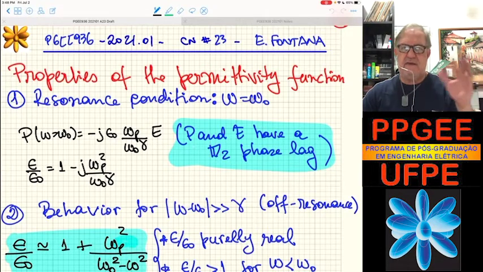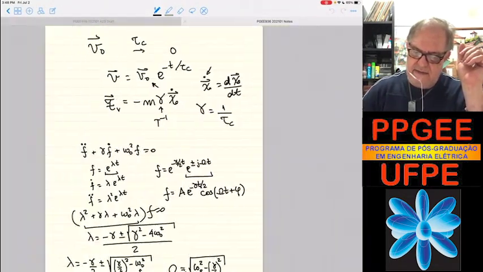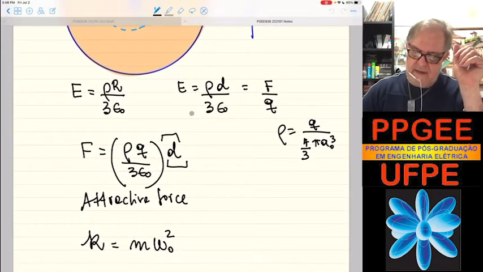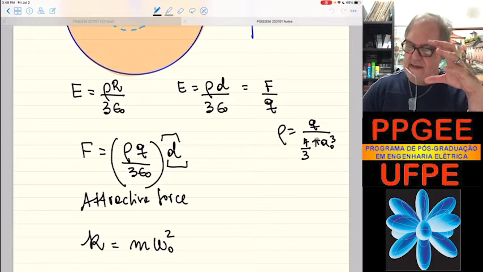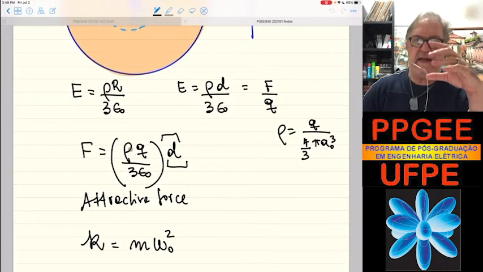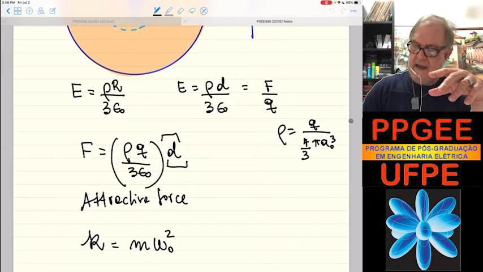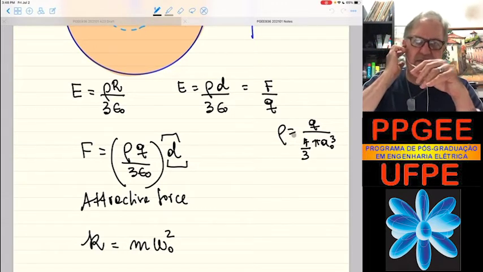We saw the proportionality constant, which is this parameter here. Here we have the density, which has the size of the atom, let's say. This is a parameter that determines the wave function. So the resonance frequency is something that depends on the structure of the atom.